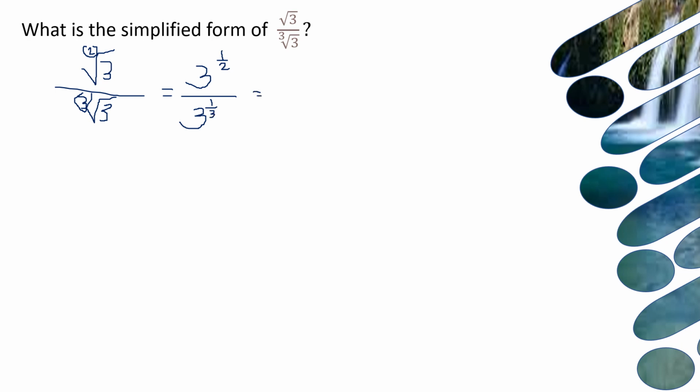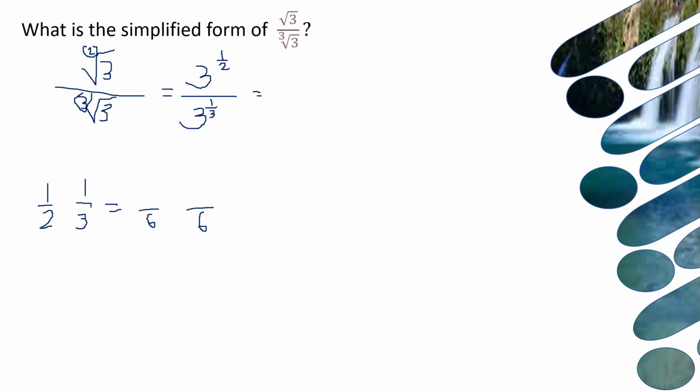Since the exponents are fractions, 1 half and 1 third, transform these two into similar fractions by finding their least common denominator. The least common denominator is 6.